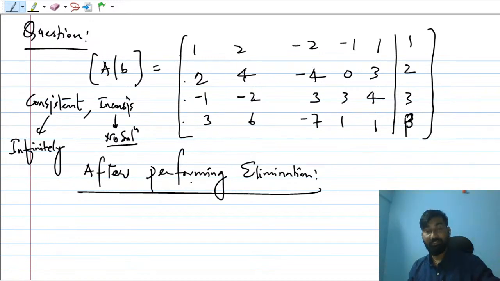After performing elimination, you will get some special kind of matrix. How to apply elimination, everything you know. So you have to take this matrix and apply some row operations, as I have told you. After performing elimination, you will get some kind of row reduced echelon form. So I'm just going to write directly.